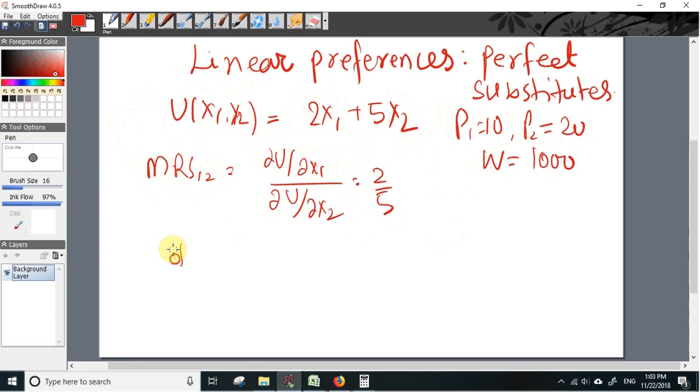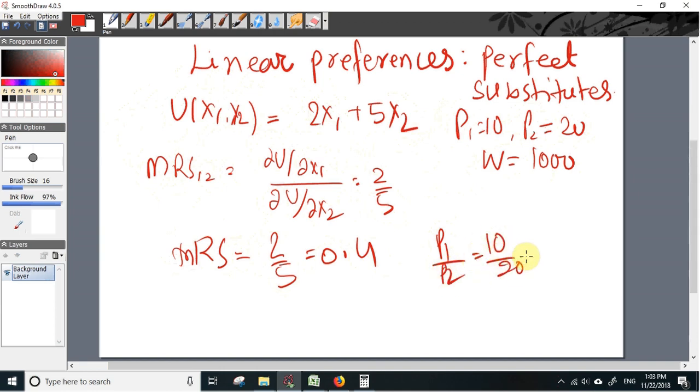And we compare this marginal rate of substitution with the price ratio. The marginal rate of substitution is 2/5, which is 0.4, and the price ratio in our case is 10/20, which is 0.5. So in this case, we see that the marginal rate of substitution is smaller than the price ratio.